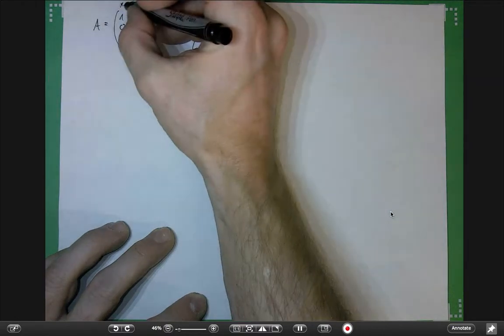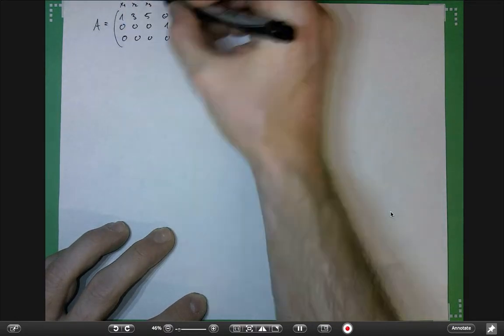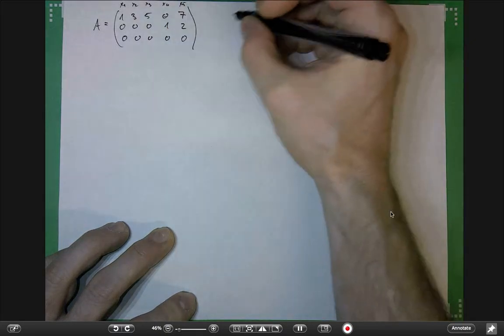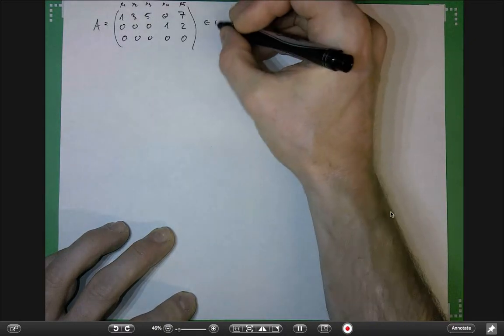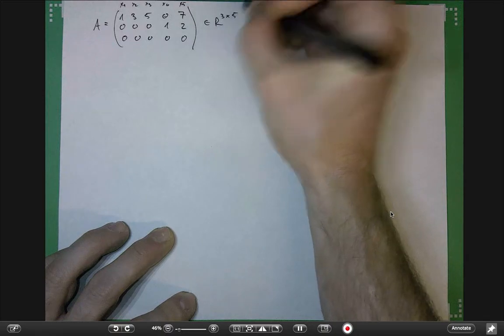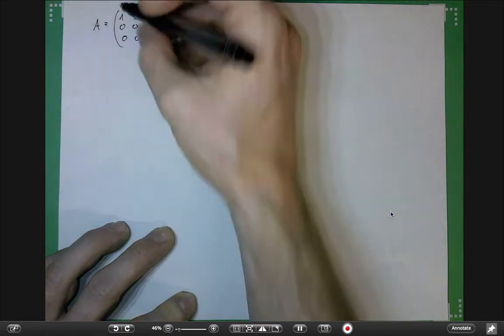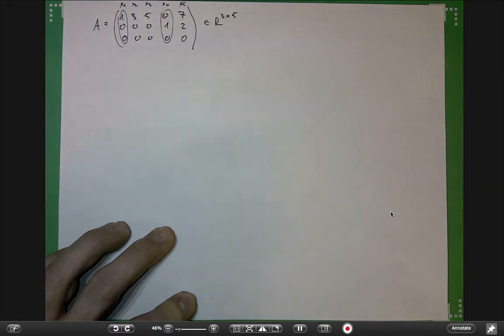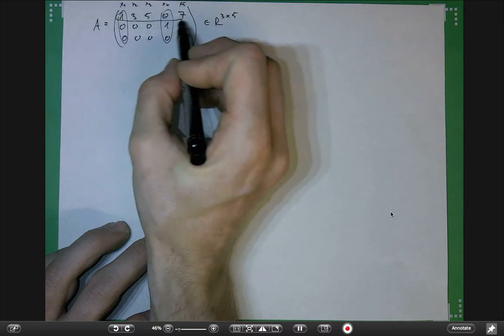So these are my variables. So this is a 3 by 5 matrix, right? And the pivot rows. So this would be the pivot rows. The pivot columns. Pivot rows are these.